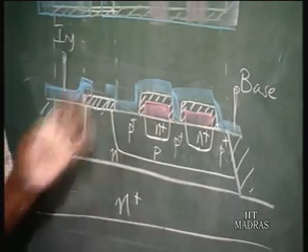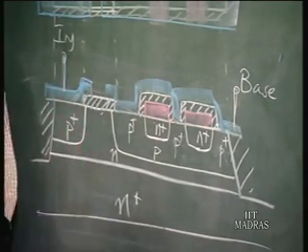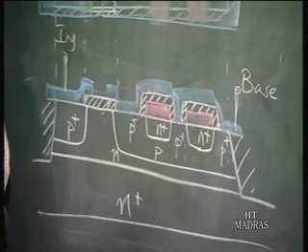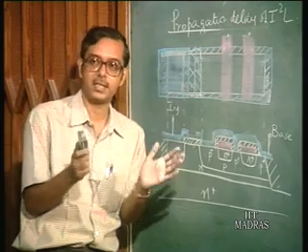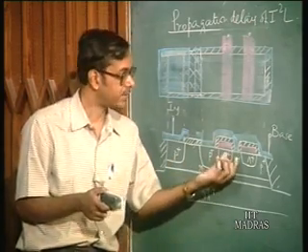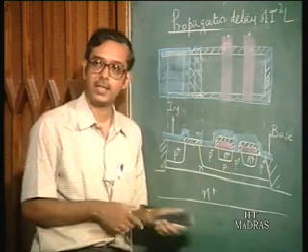For that reason, when you have to do an alignment, you always have to maintain a tolerance, which increases the area, but here, because it is self aligned, the area requirement is much less.